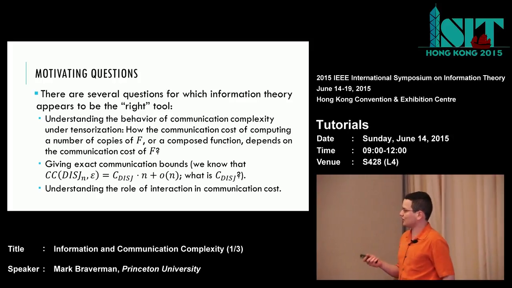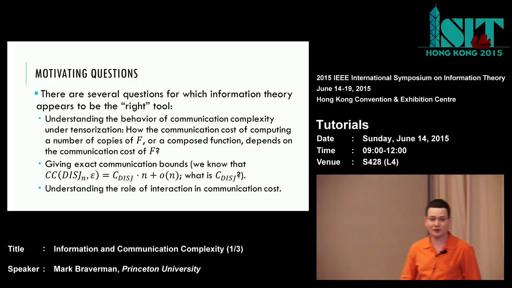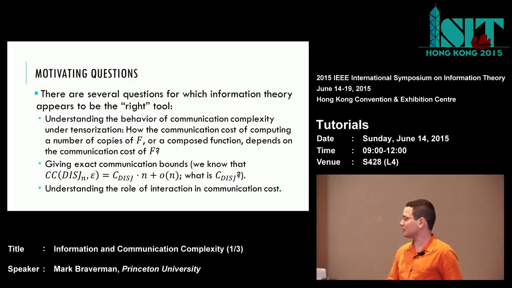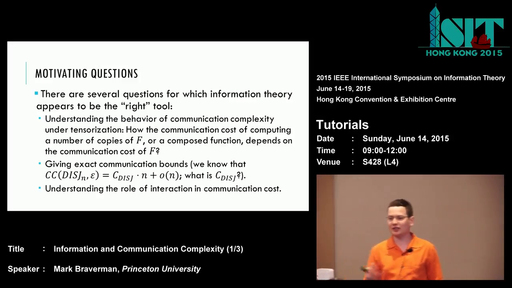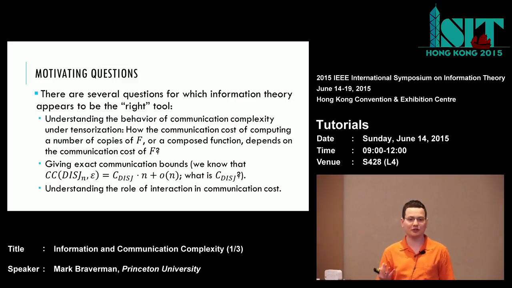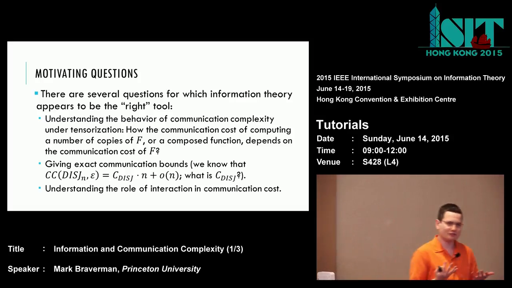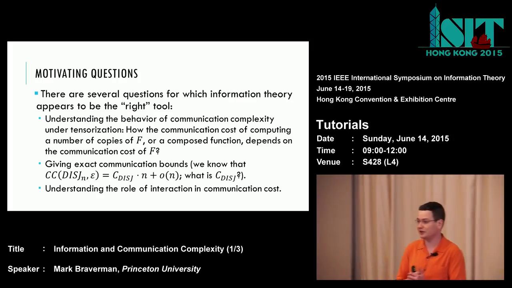Another type of question is given exact communication bounds. So for example, we know that the communication complexity of disjointness is linear in n. What is the coefficient? Inherently, the tools that are involved in combinatorics are lossy. So you cannot hope to get, or at least I would be extremely surprised if you got exact bounds with purely combinatorial techniques.